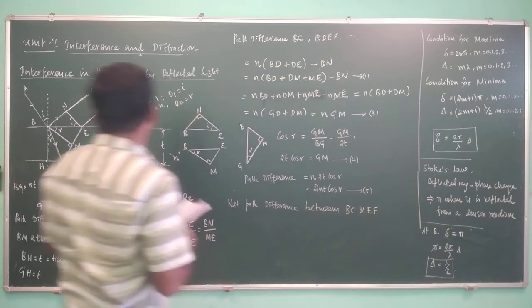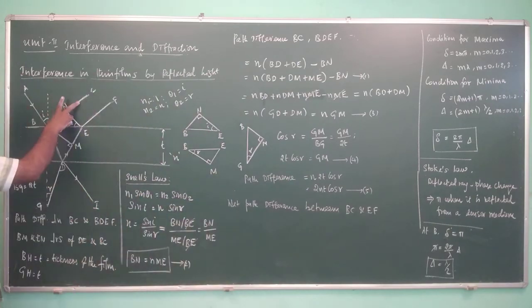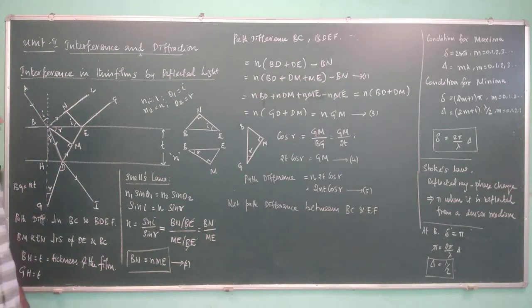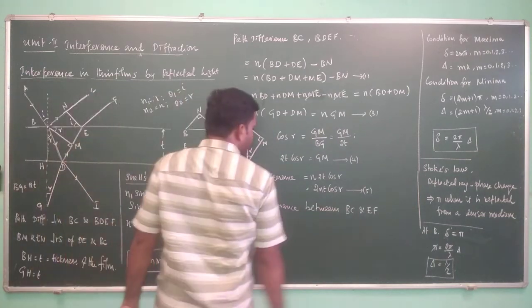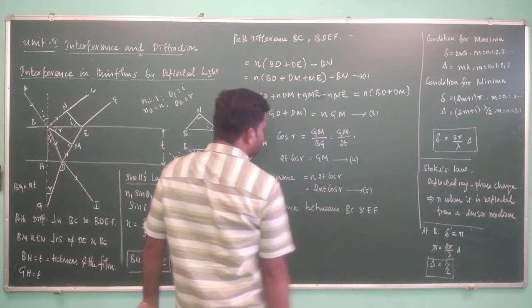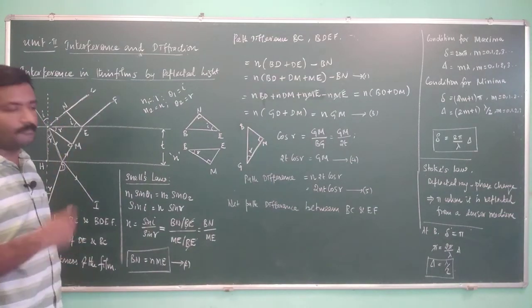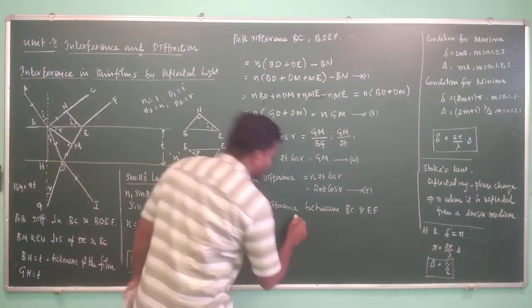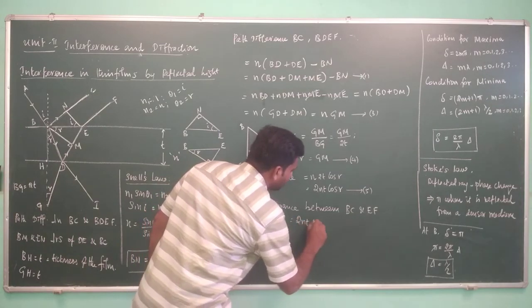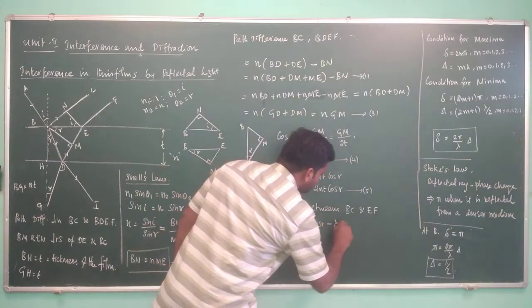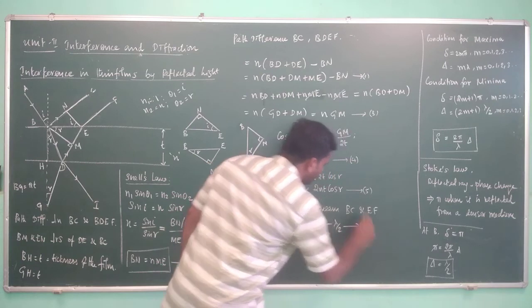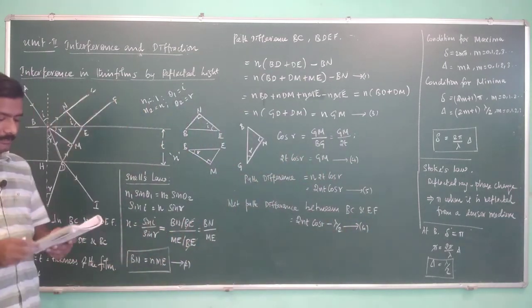So this reflected ray BC has a path difference of lambda by 2 when compared with the incident ray. So for the net path difference, you have to subtract lambda by 2 from 2nt cos r, so you can write this as 2nt cos r minus lambda by 2. So this is the net path difference.